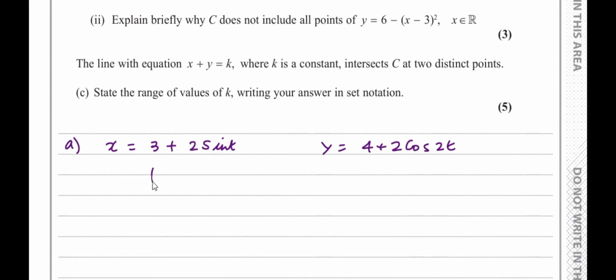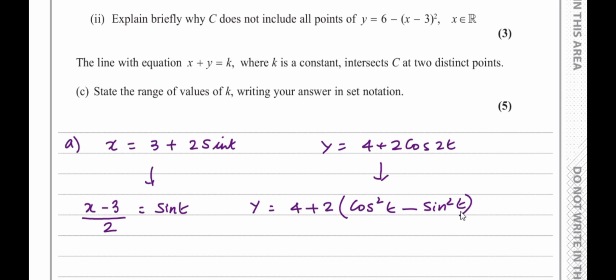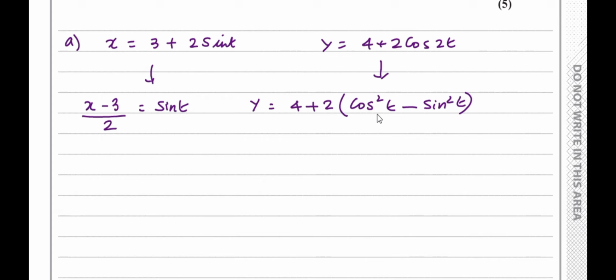Trying to make sine t the subject here, we can say x minus 3 divided by 2 is equal to sine t. Now if I can make y equal to in terms of sine t, that will be a success for us. Then we can replace the sine t there with x minus 3 over 2, and that will become the Cartesian equation. So trying to sort this out, we can say y is equal to 4 plus 2 bracket cos 2t, which can be expanded using the double angle formula, that is cos squared t minus sine squared t, which simplifies to, let's remove this cos squared t and put it in terms of sine squared t.